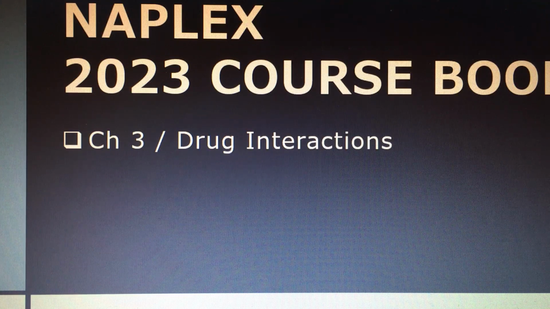Now, non-cytochrome P450 enzymes. Cytochrome P450 enzymes are involved in phase 1 reactions. Other enzymes, including those active in phase 2 reactions, can also alter drug levels.